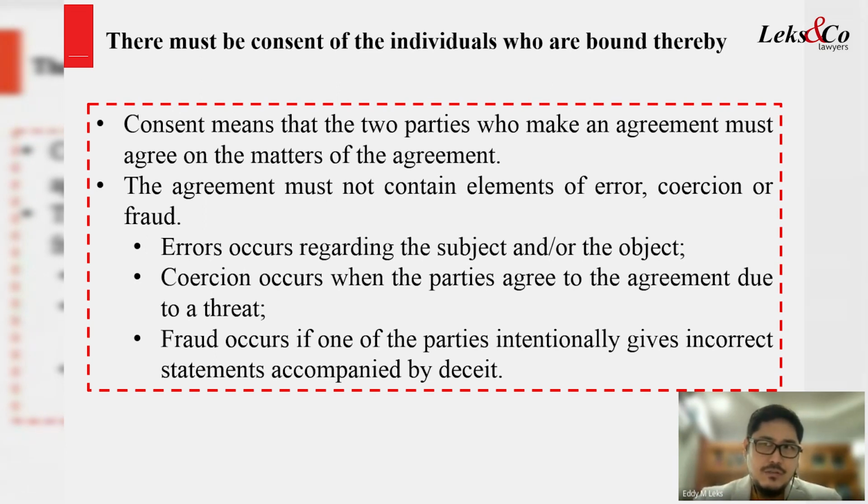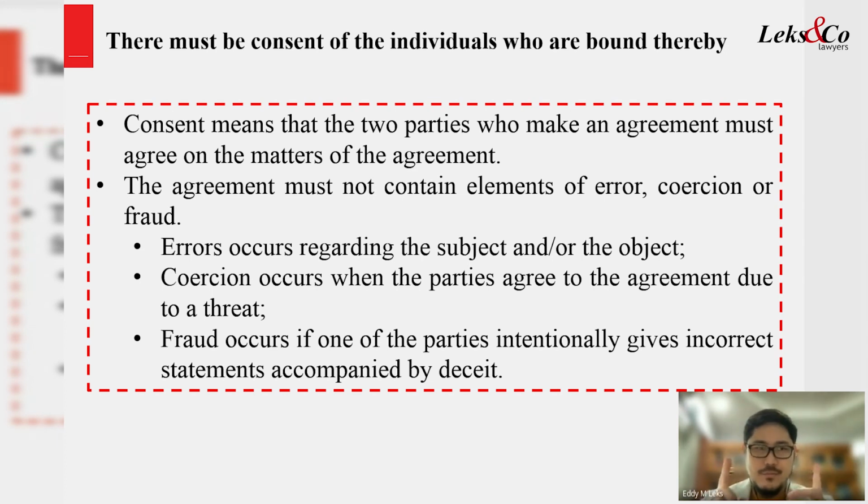So the first is whether there is a consent, and then the second is if there is a consent, whether the consent of the parties is defective or not defective. Cacat kehendak terjadi atau tidak, ya. Whether there is an error, coercion, fraud, or penyalahgunaan keadaan. So interesting, if there is a defective consent, then the agreement can be cancelled.